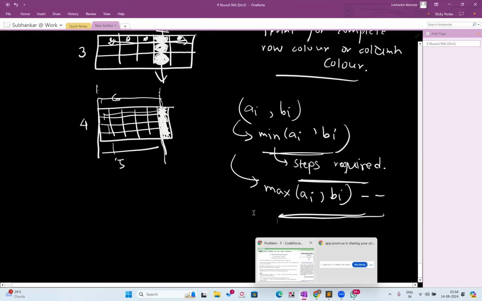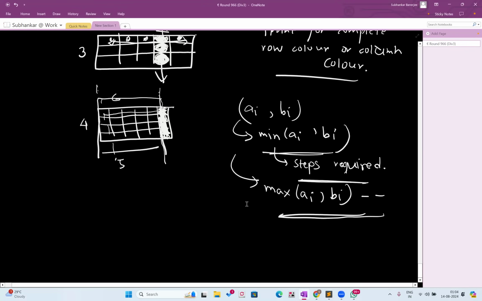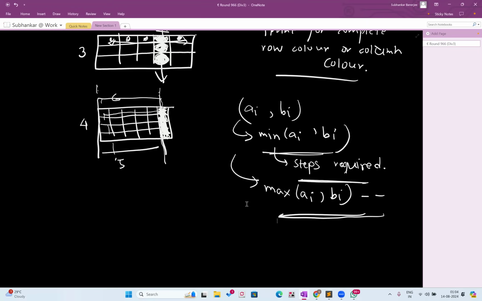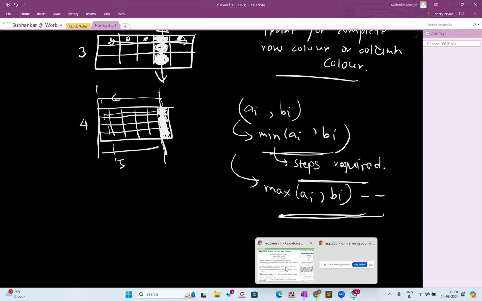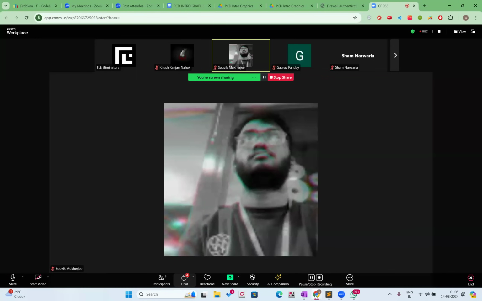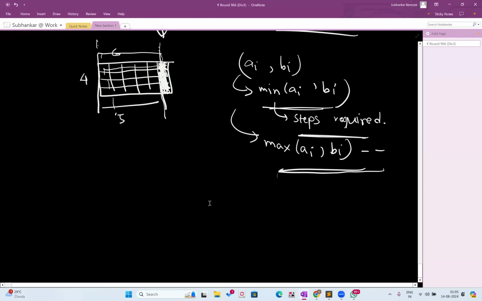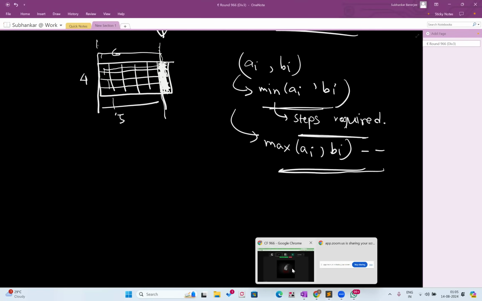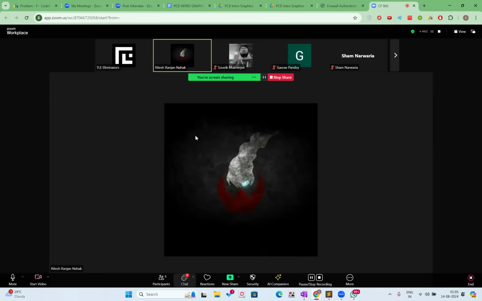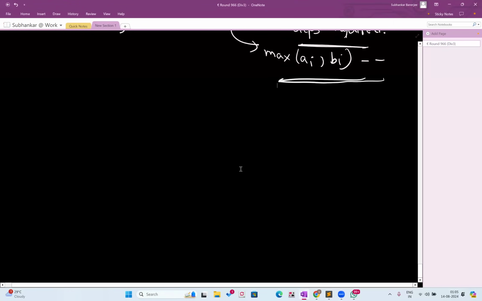Yeah. So first, we'll color using the minimum dimension, and the maximum dimension will reduce by 1, right? Also, can you say, for example, if there is a 1 cross 1 square, what will be the case then? Will it increase the score by 2 or 1? Okay, there is a 1 cross 1 square.